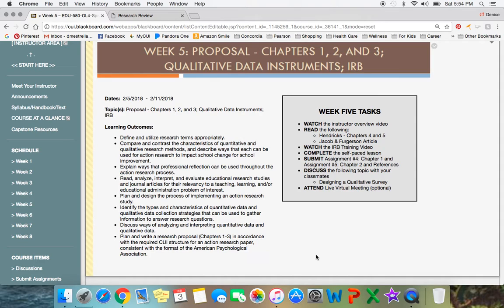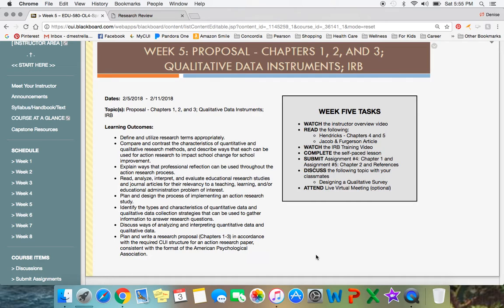Our learning outcomes for this week are define and utilize research terms appropriately, compare and contrast the characteristics of quantitative and qualitative research methods, and describe ways that each can be used for action research to impact school change for school improvement. Explain ways that professional reflection can be used throughout the action research process.